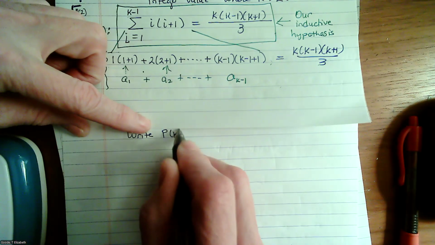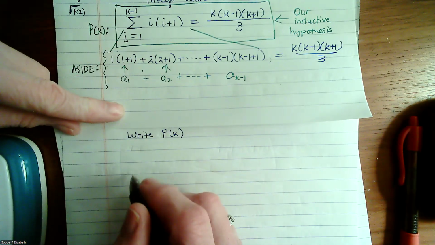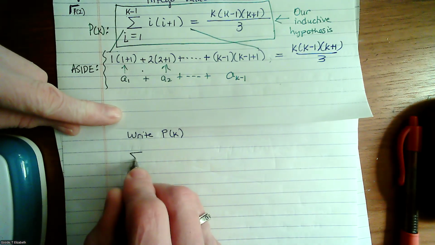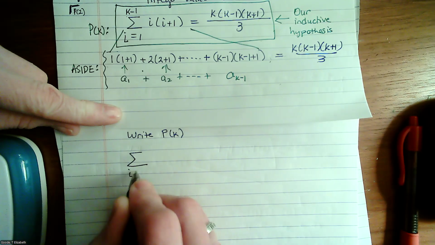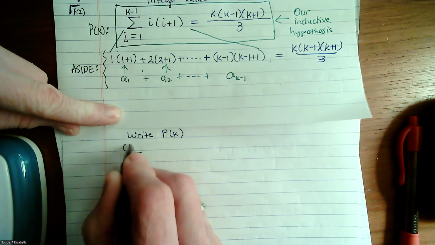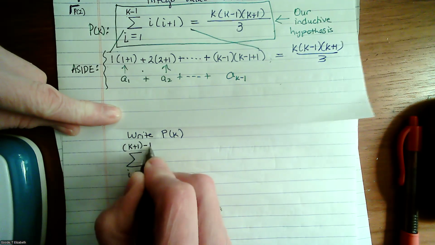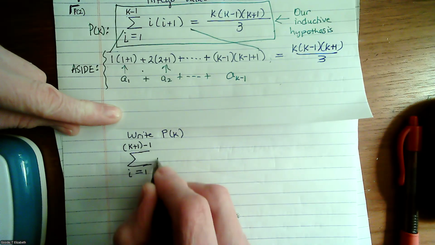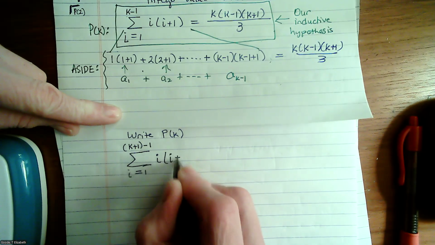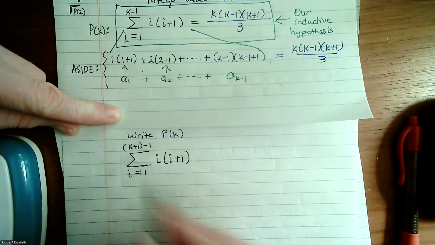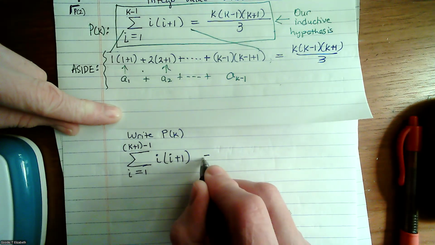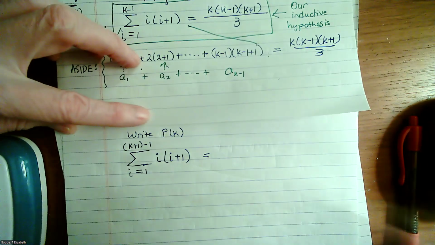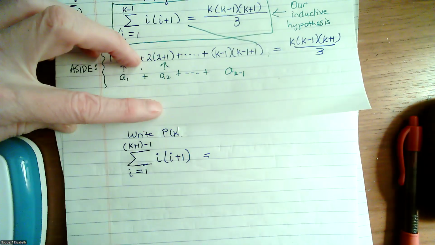No, I don't think so. It would be, because we're just substituting all K values become K plus 1. Exactly. So it's K plus 1 minus 1 as our upper limit of our sum of I times I plus 1. Yeah, it makes my sum look funny. Now, what's the right-hand side? Oh, we're writing P of K plus 1. My bad.